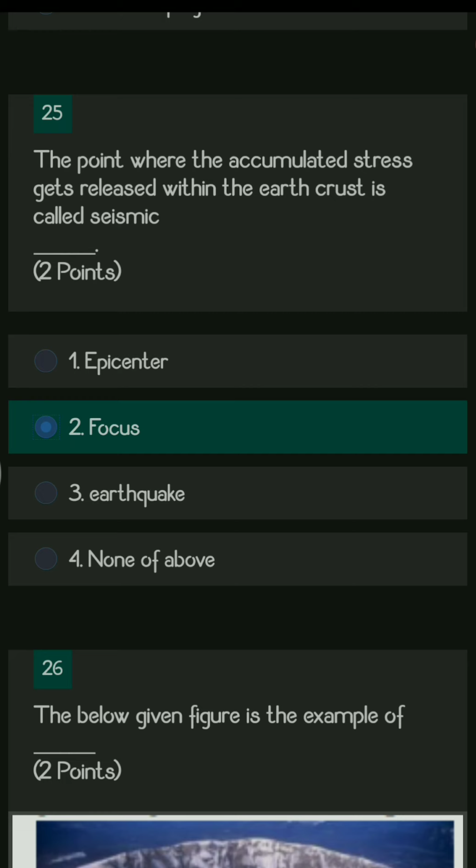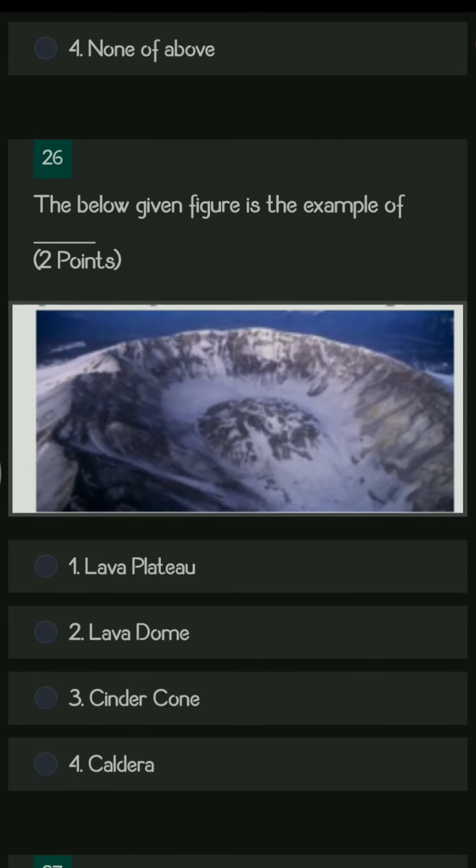Next question. The below given figure is an example of dash. So here they have given the figure of the landform of lava plateau. You can see that the options are lava plateau, lava domes, cinder cone and caldera.